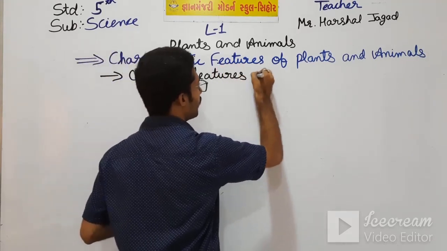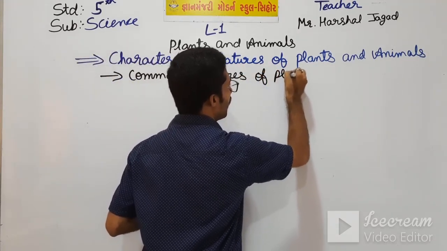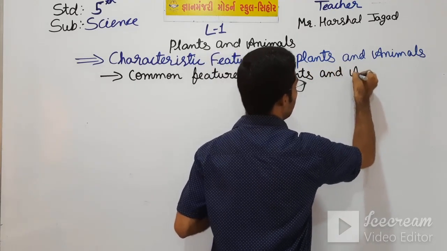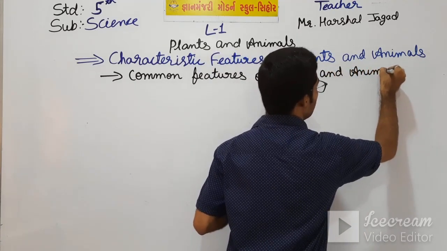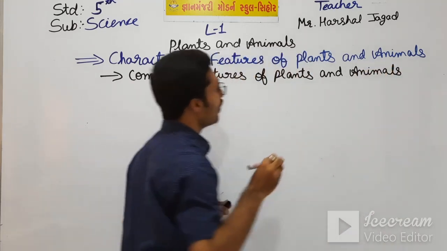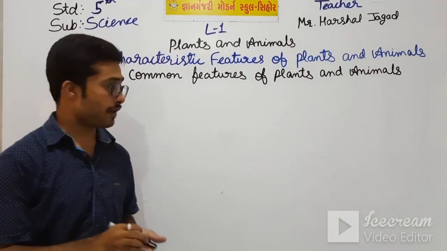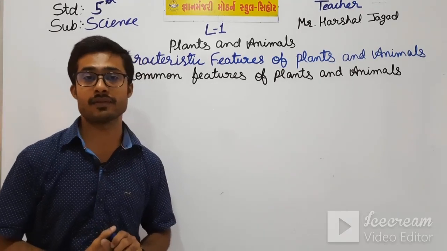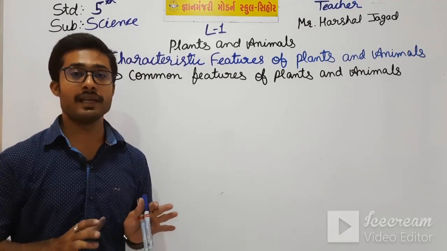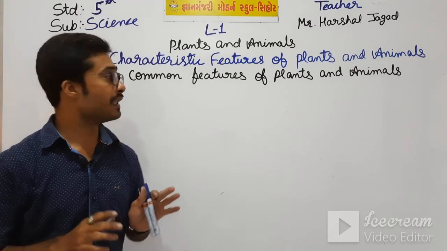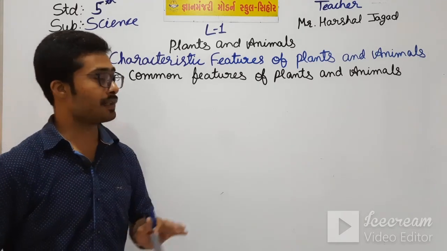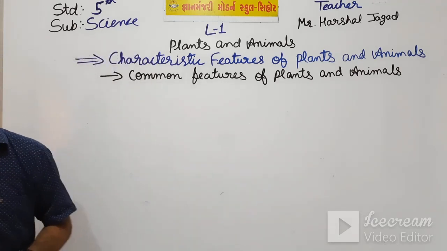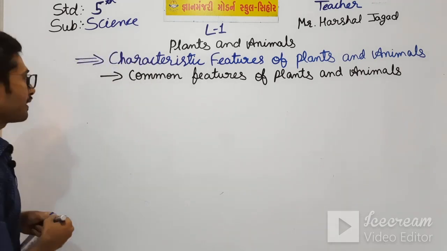Okay students, so first of all, what are the common features of plants and animals? The features which are in both plants and animals. So it is given in your book, the first feature is all plants and animals breathe.